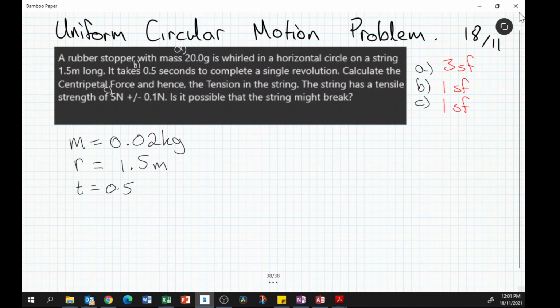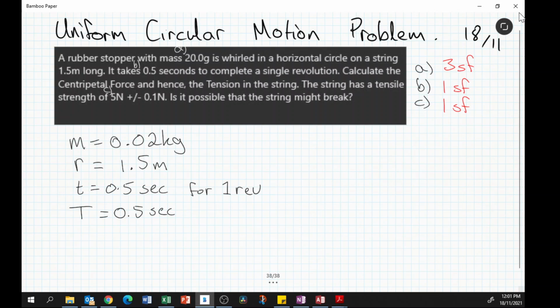Now, thankfully, you guys seem to be fairly familiar with this at this point. This is the time it takes for a single revolution. So t equals 0.5 seconds for 1 rev. And we know that that is capital T, period. No calculations required there. The time is 0.5 seconds. That was the time for 1 revolution. That is what our period is.